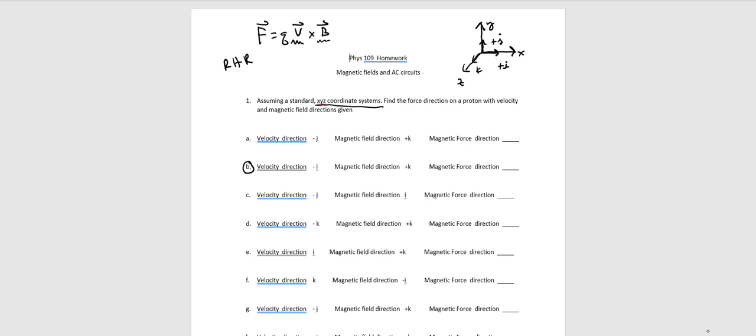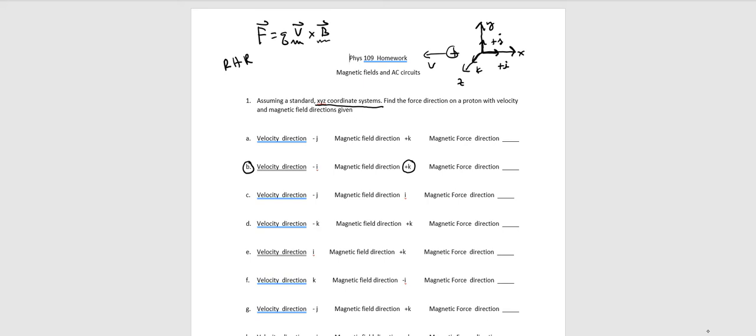So the velocity is in the minus I direction. That means we have a charged particle, and its velocity is this way, to the left. Now, our magnetic field vector is pointing in the plus K. So right now if you're watching this video, take your hands and put them so that your fingers point directly to the left.